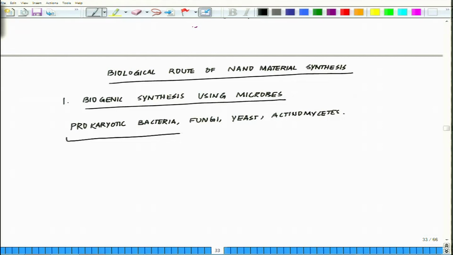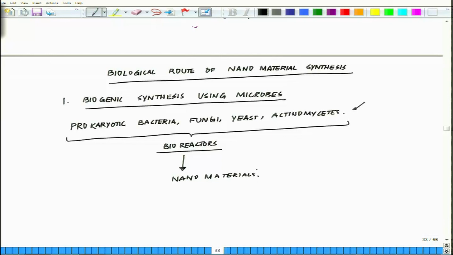So, these function as the bioreactors. If you consider these single cell organisms as bioreactors, these bioreactors are used to synthesize the nanomaterials.